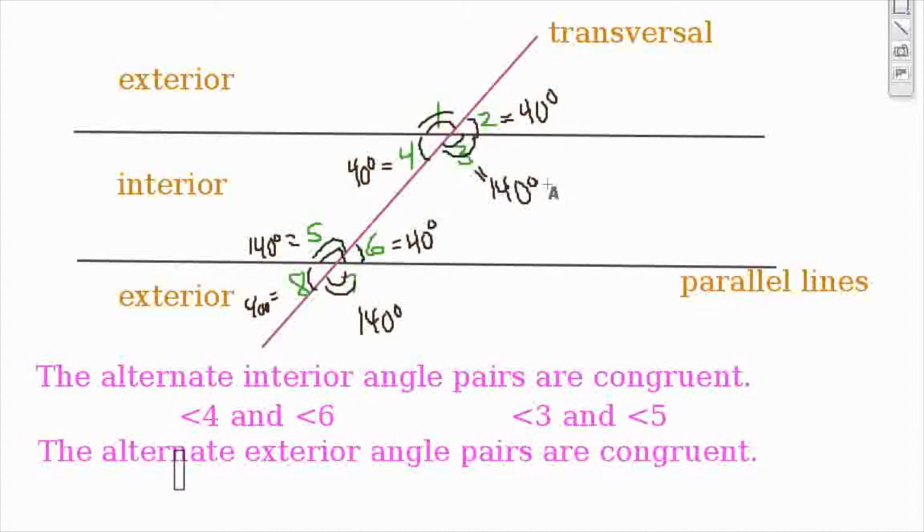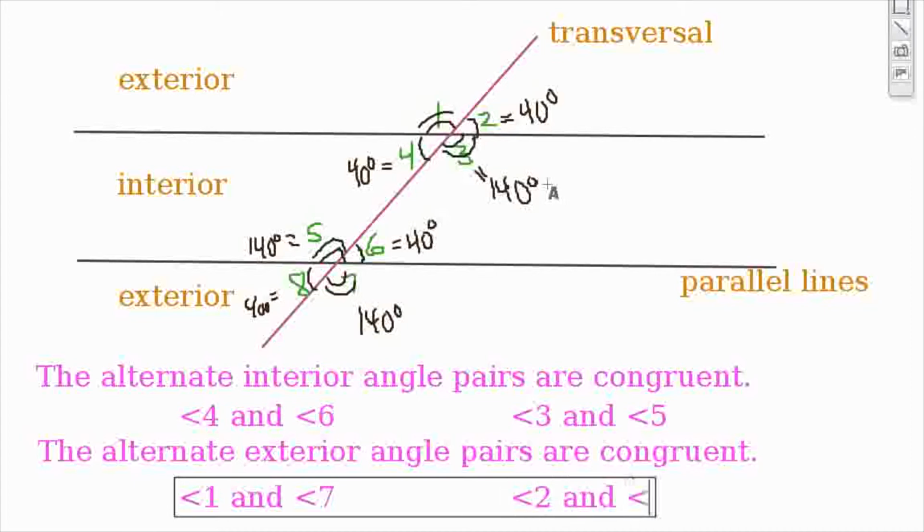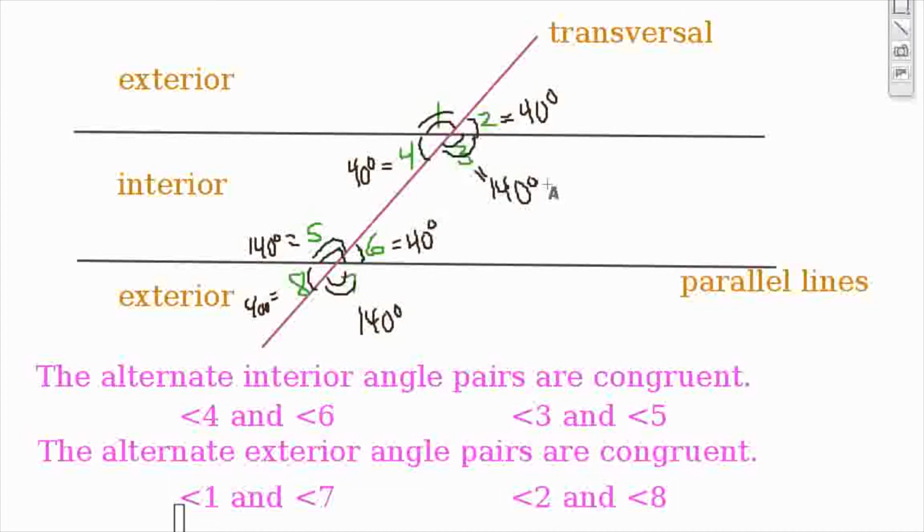Okay, and then the alternate exterior angle pairs, that would be 1 and 7, and the other one would be 2 and 8. All right, so alternate interior angles are congruent and alternate exterior angles are also congruent.